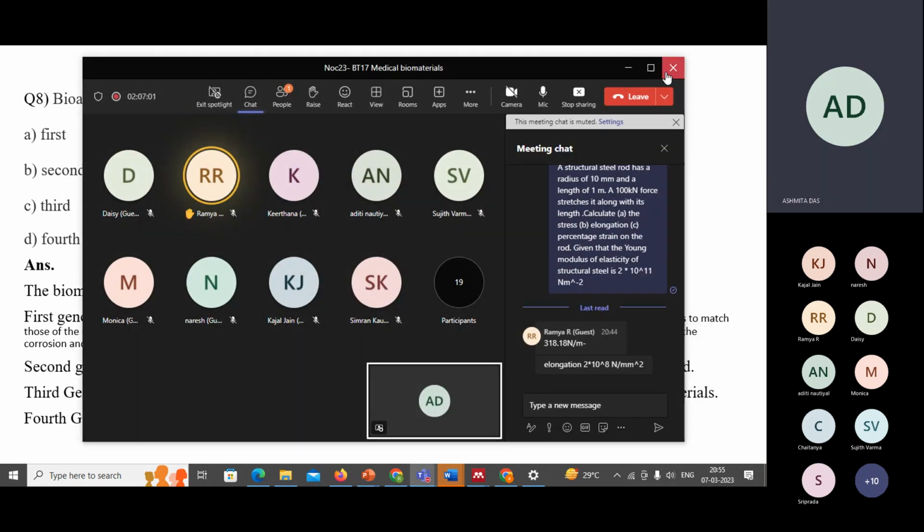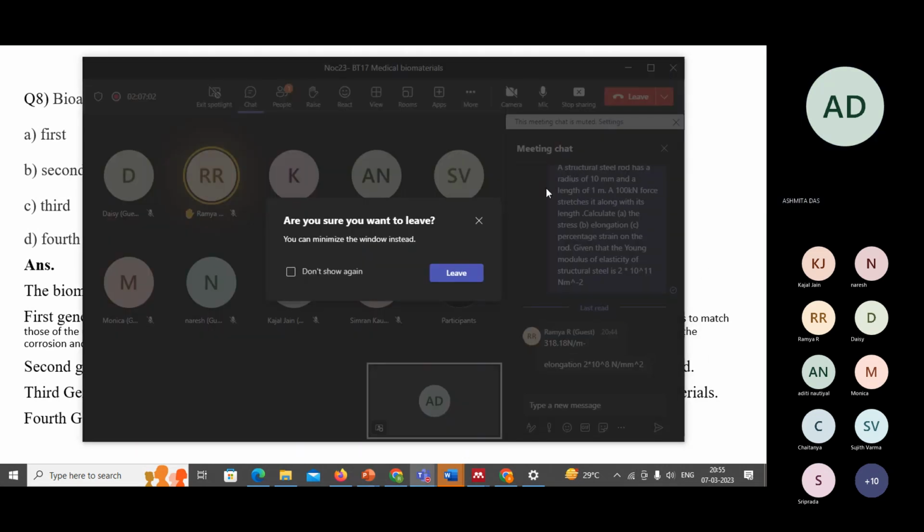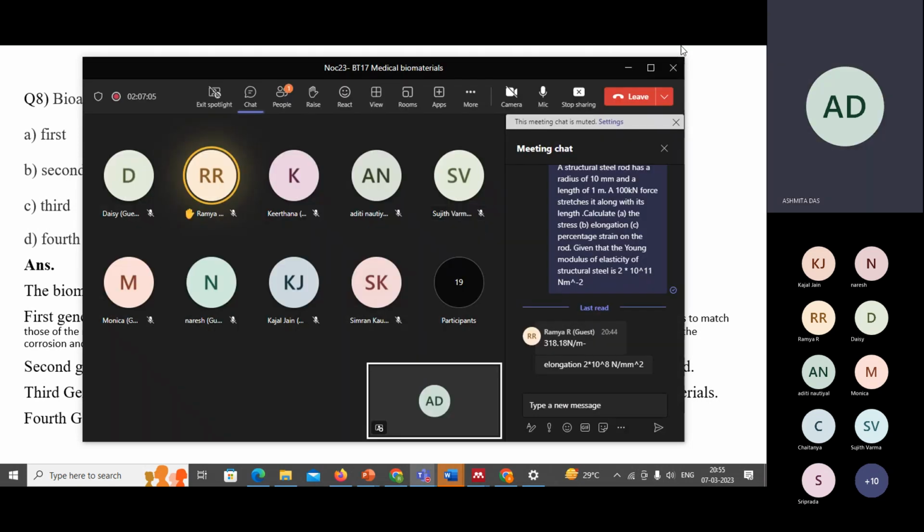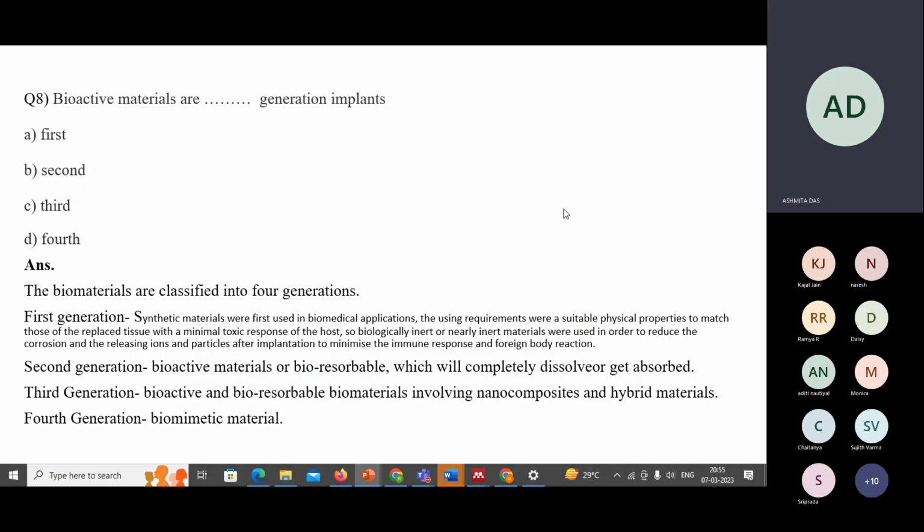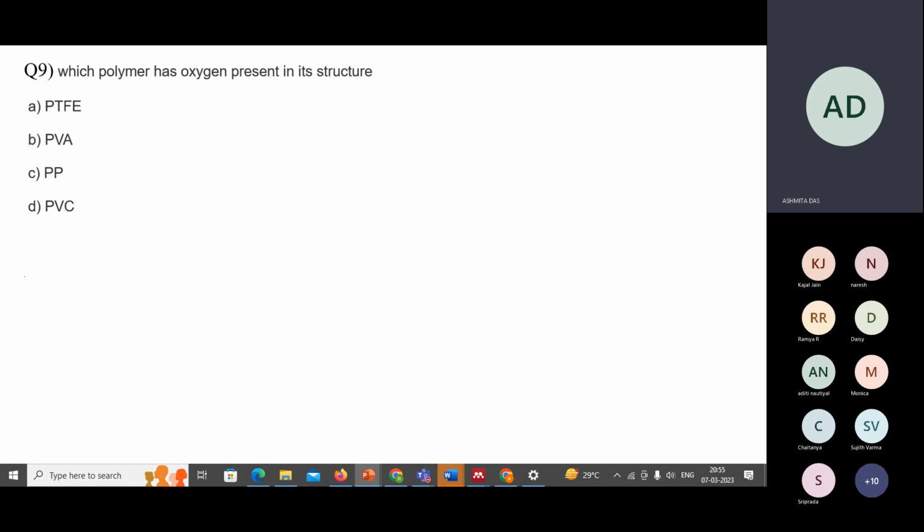The third generation is the nanocomposite materials, which also involve the bioactive material. And the fourth generation is the biomimetic material, which is basically the scaffold and the tissue engineering products. So, as per the question, the bioactive materials come as second generation.